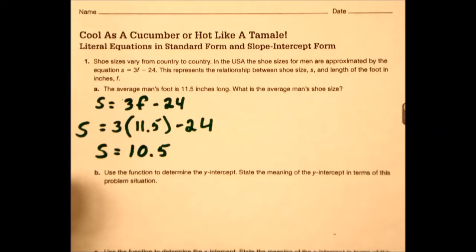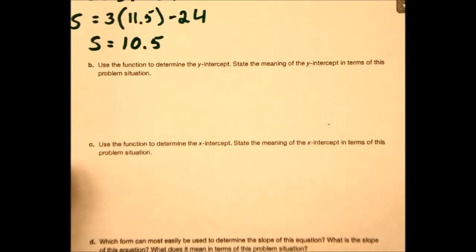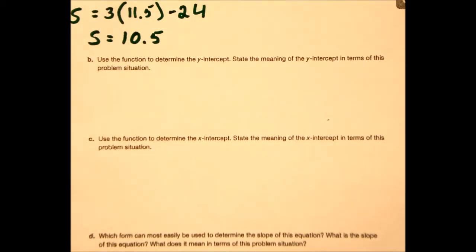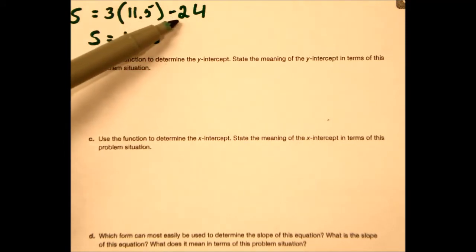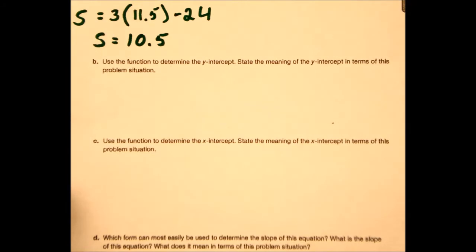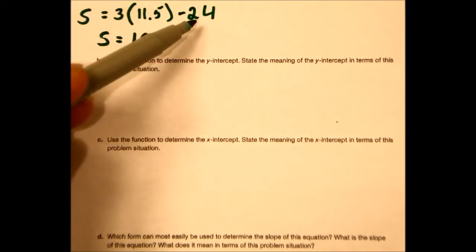Okay, B, it says, use the function to determine the y-intercept, and state the meaning of the y-intercept in terms of the situation. So the y-intercept is minus 24. Now, why is it minus 24? Because we already know that in this form of the equation, this is the y-intercept.